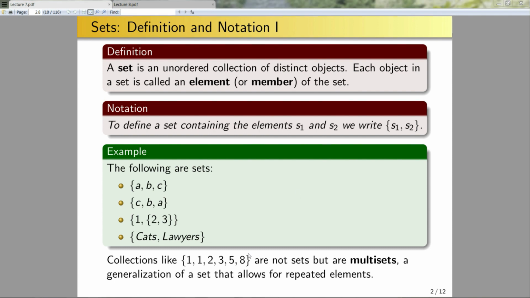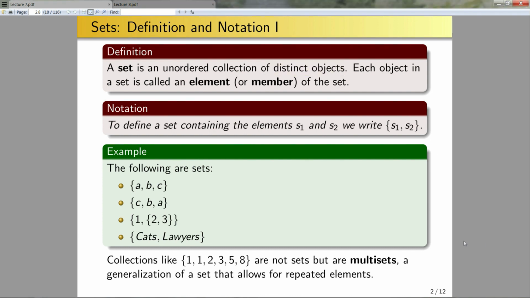But when dealing with sets, do make sure that the collection that you're building is a collection of distinct objects. I'll probably put a question somewhere at one point, either on the assignment or more realistically, the midterm or the final, where I use this distinction between a set and a multi-set. So don't forget that sets have to be collections of distinct objects.